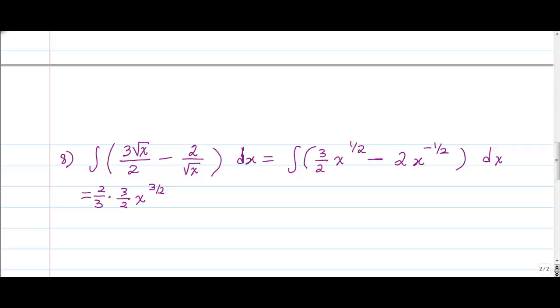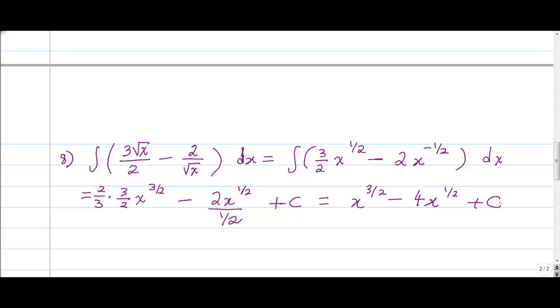And then negative 1/2 plus 1 gives me positive 1/2. So I have 2 divided by positive 1/2, or you multiply by 2. And then don't forget the plus c. So let's clean this up a little bit. 2/3 and 3/2 are gone. So we get x to the 3/2 minus 2 divided by a half, which is 2. The reciprocal of 1/2 is 2, so 2 times 2 gives me 4 x to the 1/2 plus c.